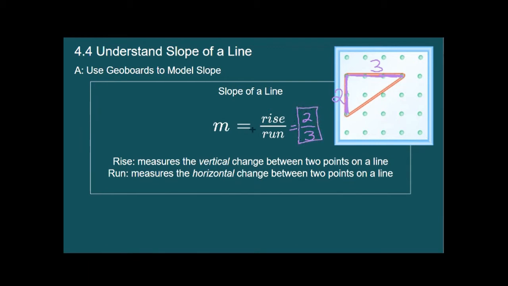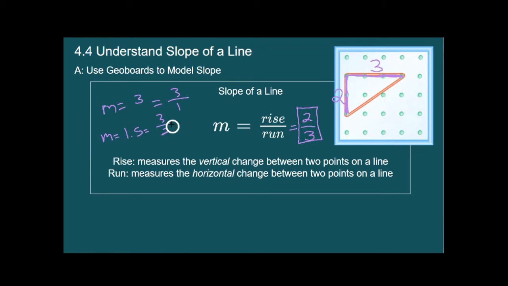Now slope is always going to be in a fraction. Well, it's always going to be in some form of a fraction, right? Even if it's a whole number, let's say the slope is equal to 3, then what that means is that it's equal to 3 over 1. The rise is 3 and the run is 1. If it's in decimal form, then we can change that to fraction form, right? 3/2.